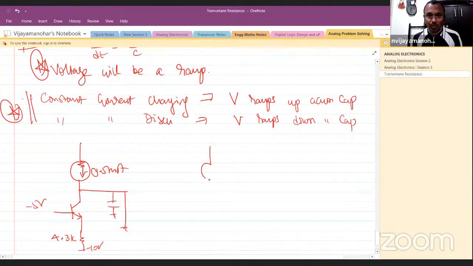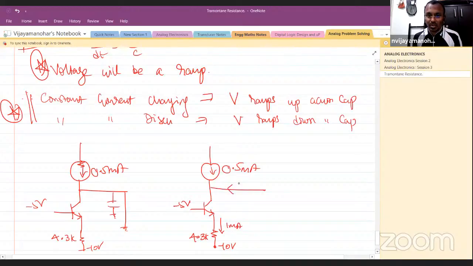When switch S is opened, it will look like this. So this current is 1 milliampere, just now we derived it. So this current will be 0.5 milliampere. Here the capacitor was parallel to a short, so the current was coming through the short circuit.